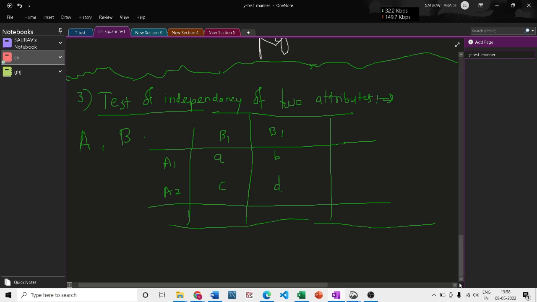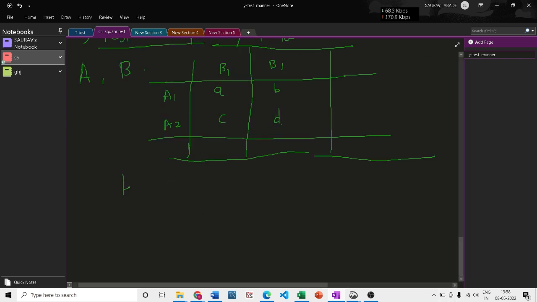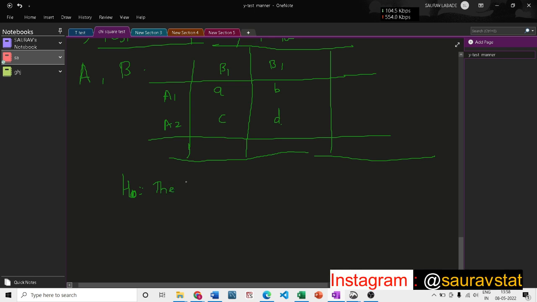I will define the null hypothesis first. If my null hypothesis is true, then the two attributes A and B are independent.